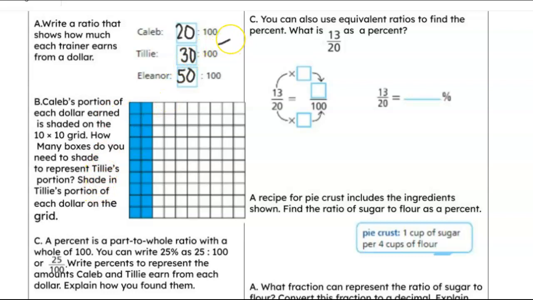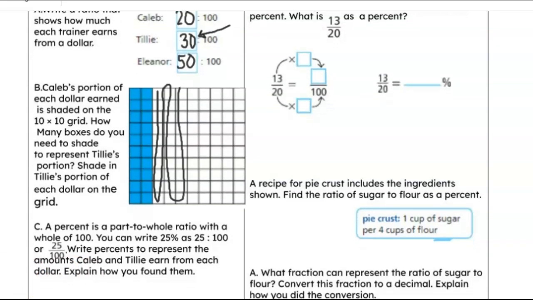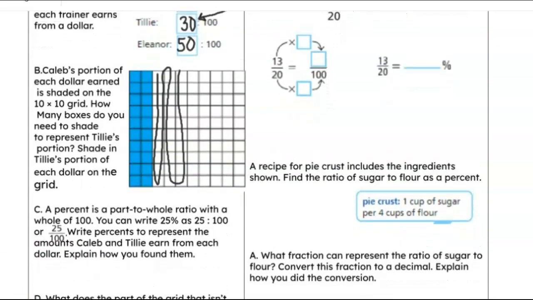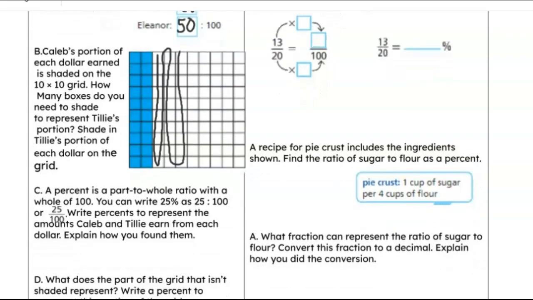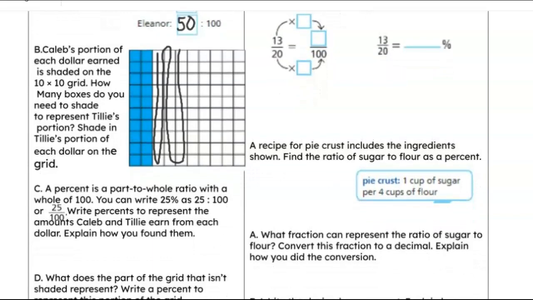If we look right up here, Tilly's portion is 30, so that means we need to shade in 30 blocks or 3 lines, and that's my beautiful shading. Those of you that are more artistic, you can shade a little nicer than I am and maybe the rest of your classmates. Now, they only said to do Caleb and Tilly's. We haven't done anything with Eleanor yet.